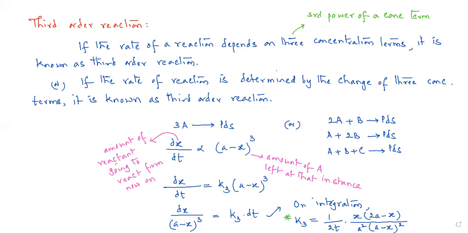Okay. Now the expression for half-life. As usual, when t is equal to t half, amount reacted is taken as initial by 2.